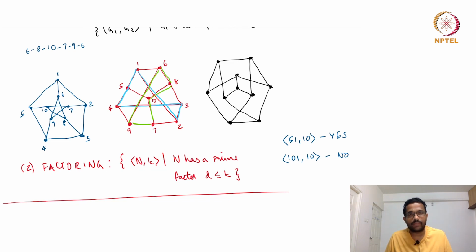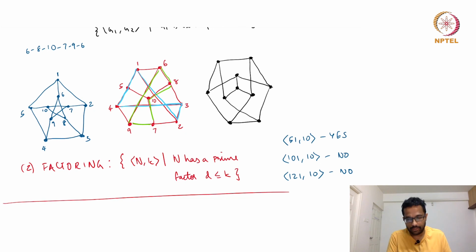In fact, it does not have a prime factor smaller than 100 itself, right? And even this is a no instance, 121, 10, right? Because 121 is simply 11 squared, so the smallest prime factor is 11, so it does not have a prime factor of size 10.